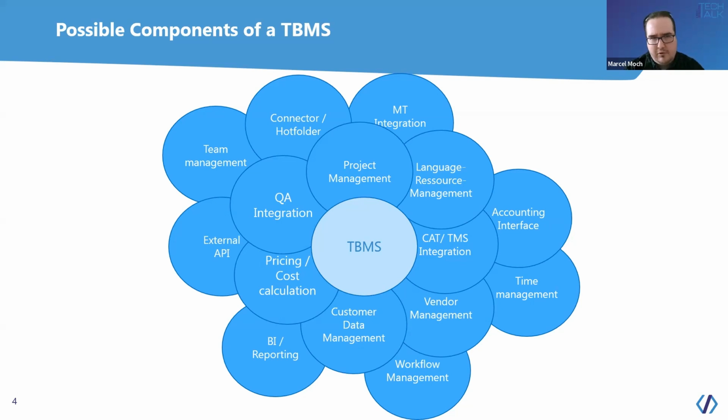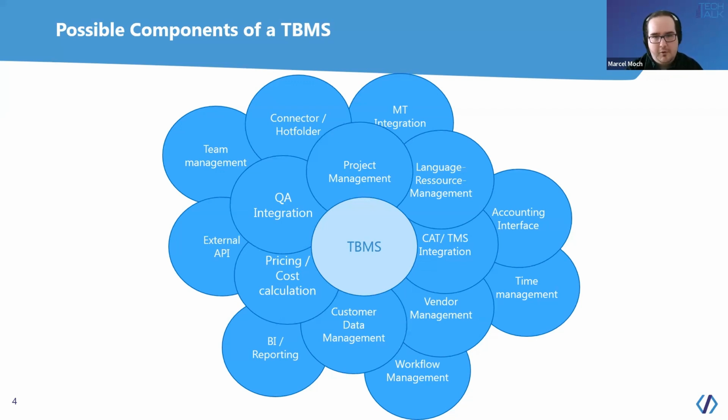Those components do not need to be part of the TBMS itself, but could be external systems. For instance, you could have your customer data managed in a CRM system, but then a TBMS would at least have to be capable of syncing this data with the CRM. And that, on the other hand, needs to be included and adds complexity to the system.